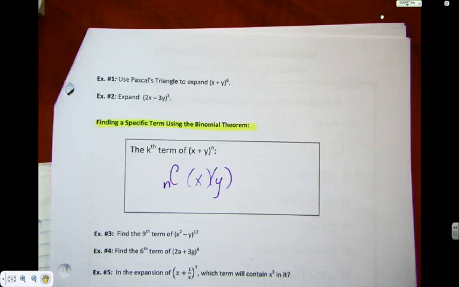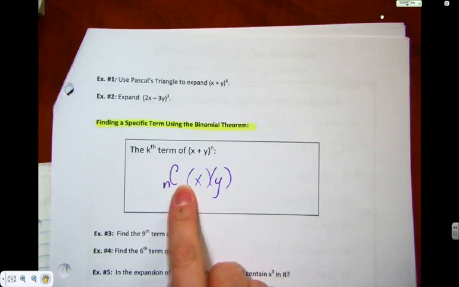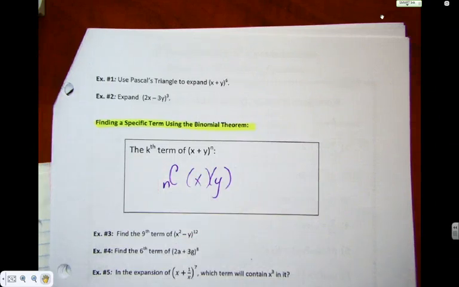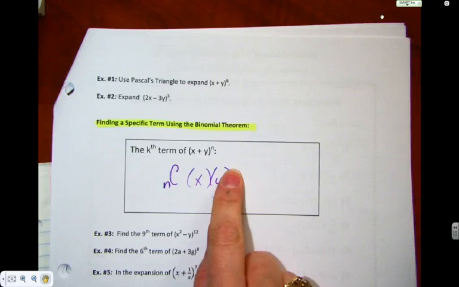Now we just need to look at the relationship between the r value, which is the same as the second exponent, and the term number. So we know for term 1, the exponent at the back is 0. And for the second term, it is 1. And the third term, it is 2. And the 10th term, it would be 9. And the 20th term, it would be 19.